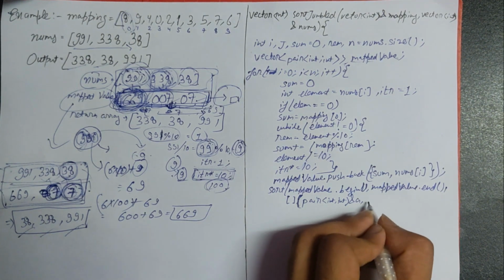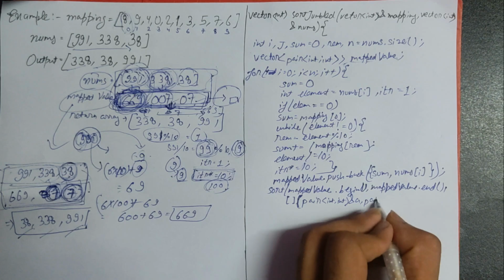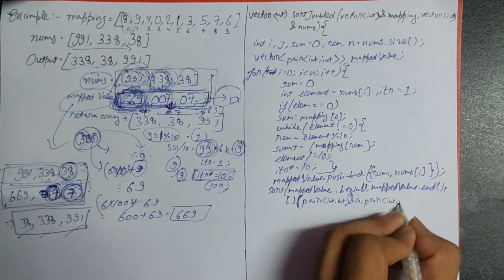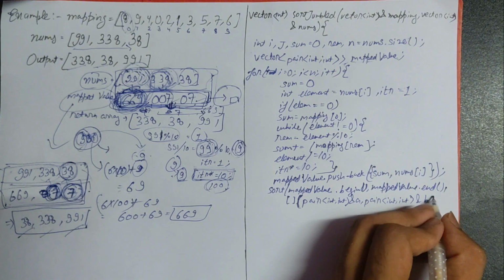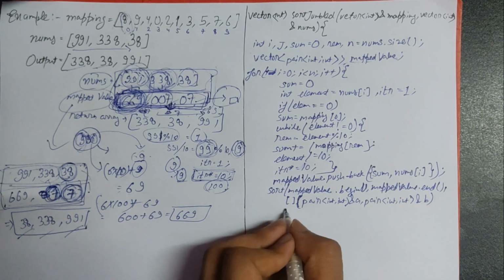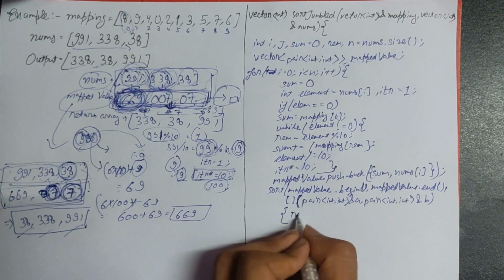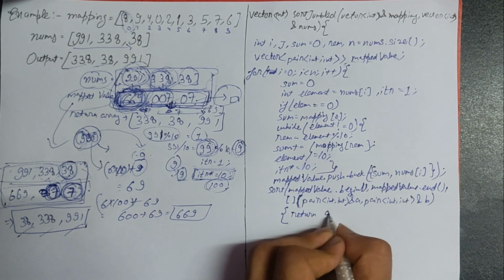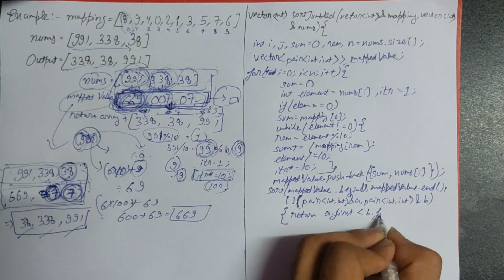So pair int and A, and another pair int and B. So these are the values we are comparing, and after that we have to simply return A dot first less than B dot first.